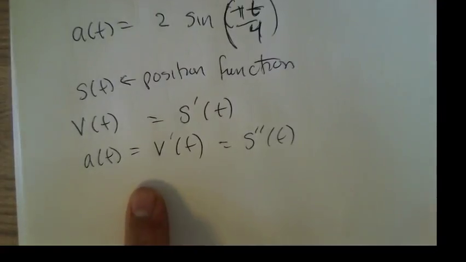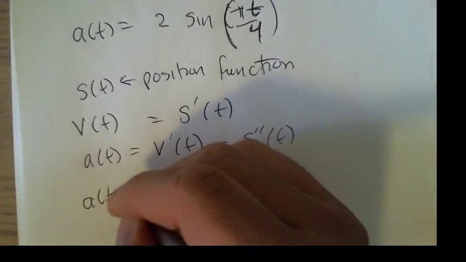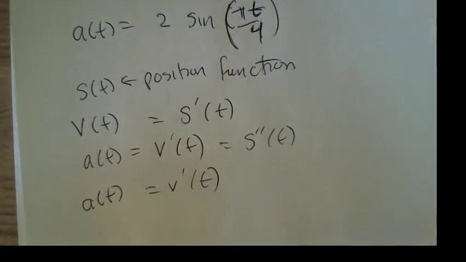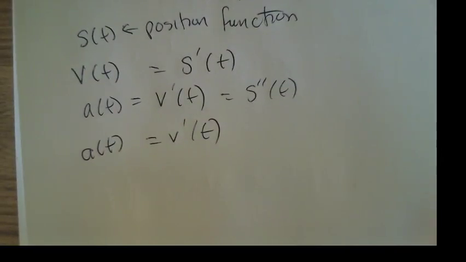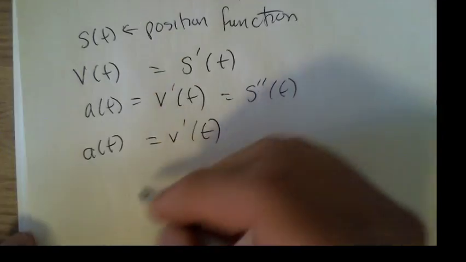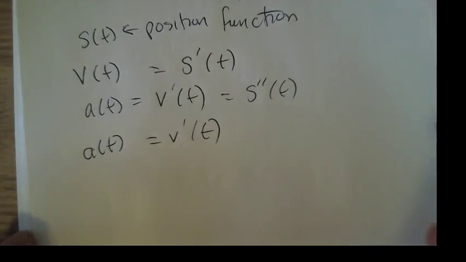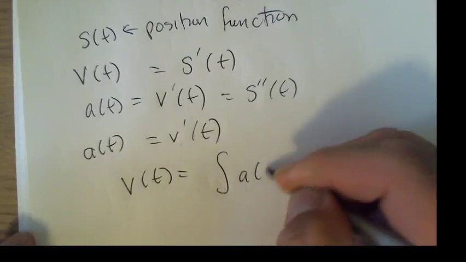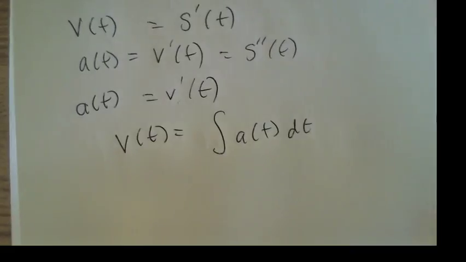So what we're doing now is essentially working backwards, in a sense. If we're given a of t, then by taking an antiderivative, I'm able to find the velocity function.